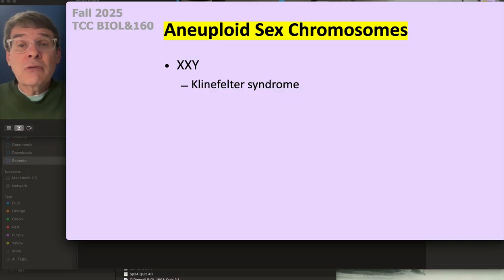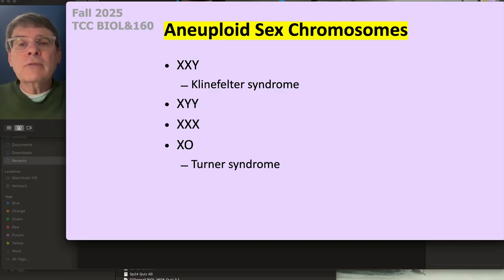There are probably some people that you've encountered in your life with this syndrome that you would not necessarily recognize. People with Klinefelter syndrome have a hard time having children.